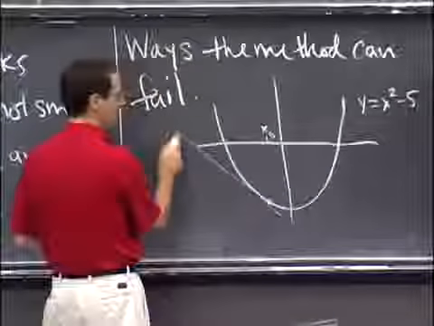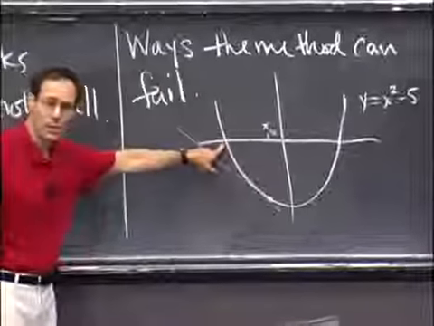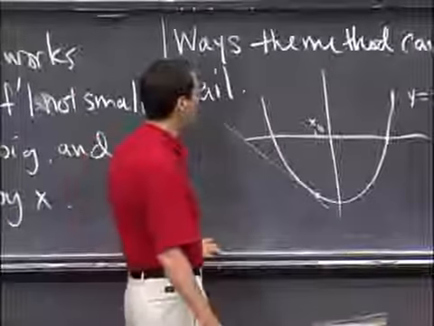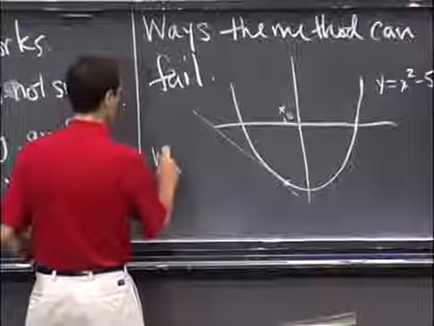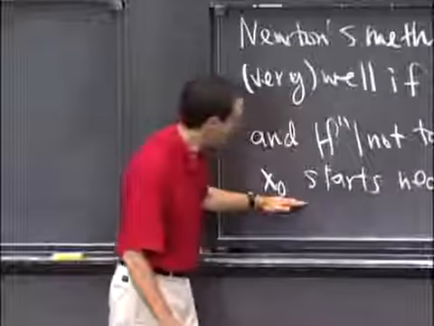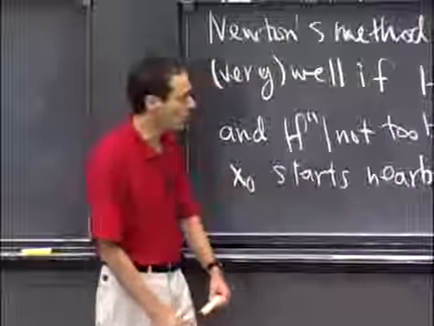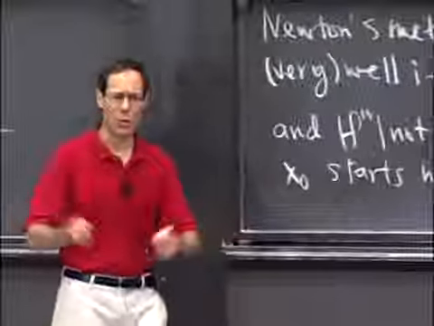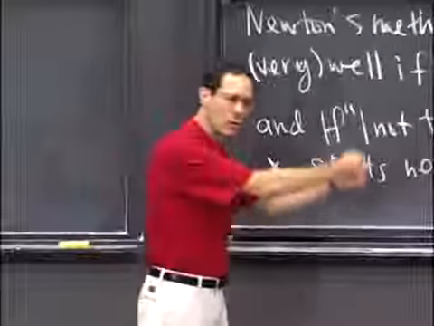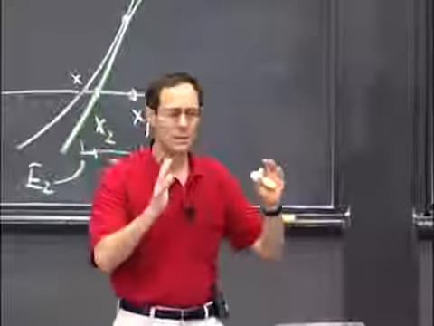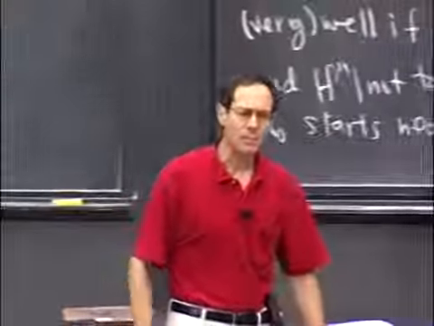Then this thing would have gone off to the left, and we would have landed on not the square root of 5, but the other root. So if it's too far away, then we get the wrong root. All right, so that's an example explaining that the x0 needs to start near the root that we're talking about. Otherwise, the method doesn't know which root you're asking for. It only knows where you started. So it may go off to the wrong place. Okay, it can't read your mind.